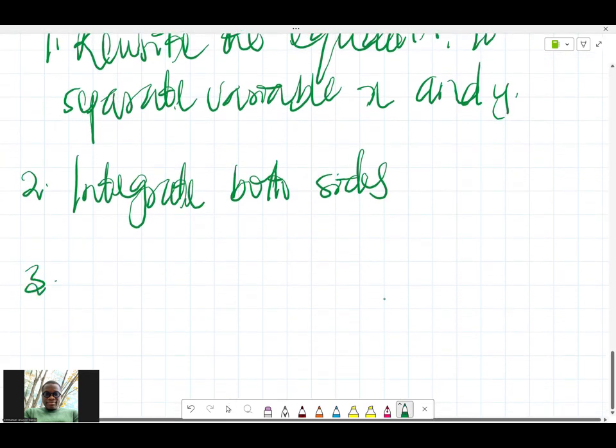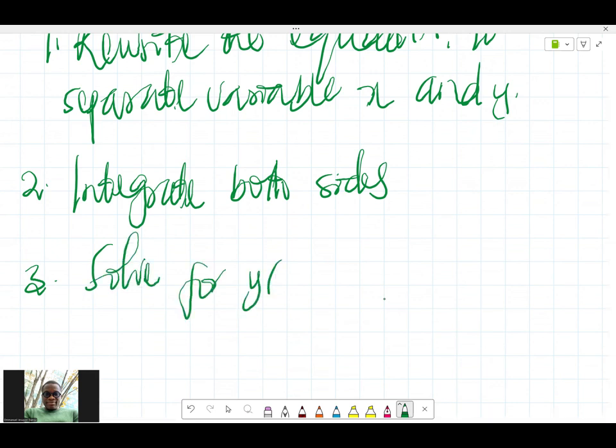And the third thing to do is to solve. After integrating, you solve for y of x. Like I said, when you solve a differential equation, you are actually looking for y of x, an expression for the dependent variable with respect to the independent variable. So solve for y of x if possible, to obtain an explicit solution.